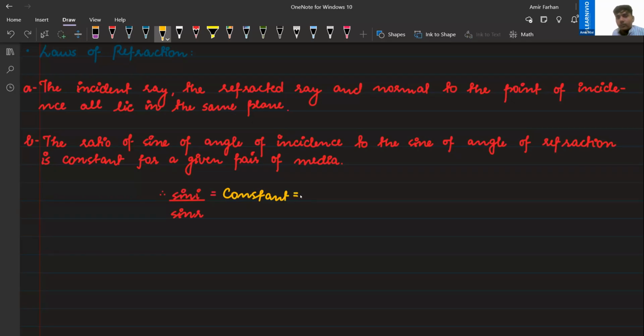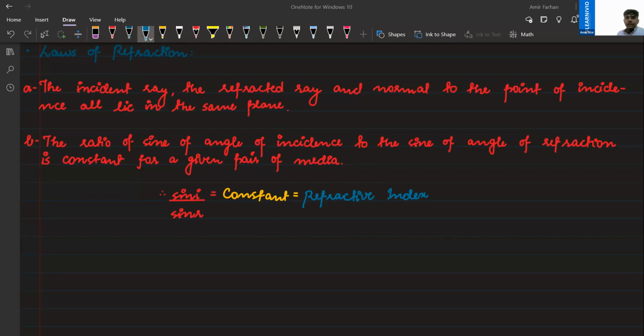And this constant is called the refractive index. And this law is called Snell's law. This is also called Snell's law. Is that clear?